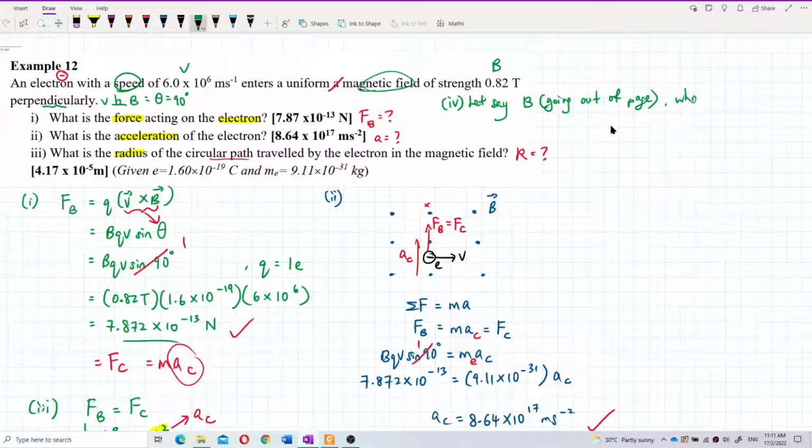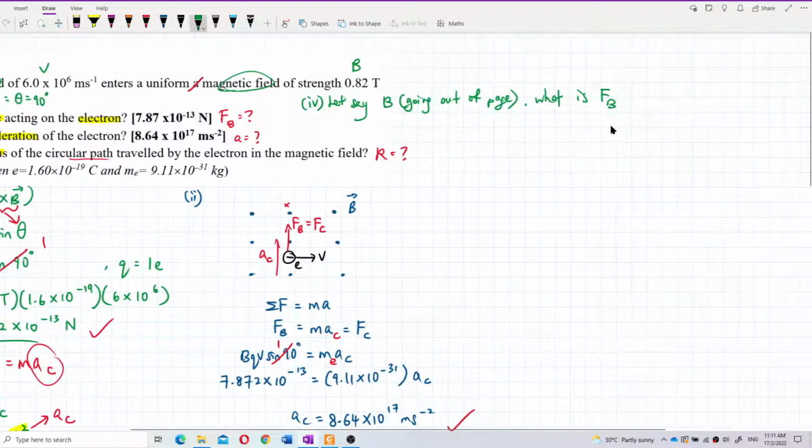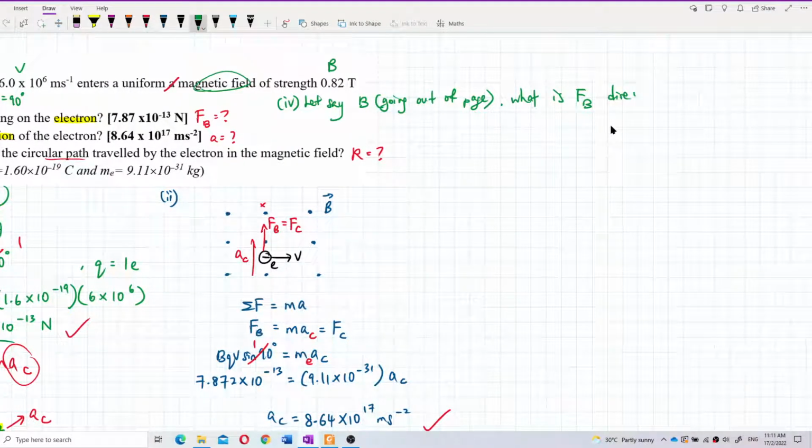What is the magnetic force direction? What is the subsequent path of the electron?